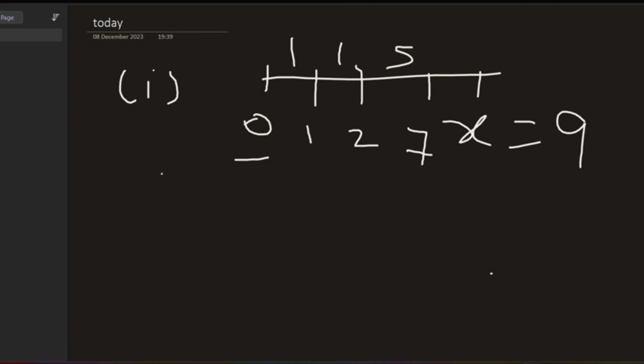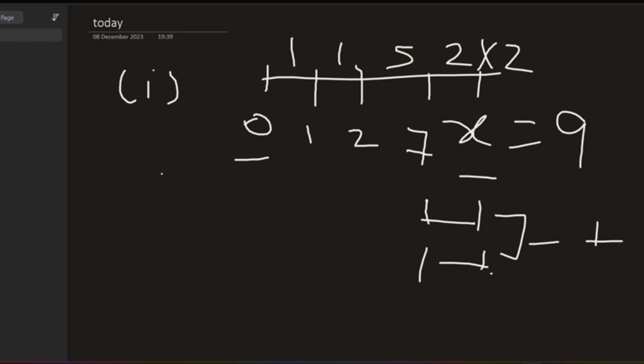Okay, now 7 to x, that is 9 minus 7, is 2, but we will multiply it by 2 because there is no gas station at the point x. So what we have to do is we will travel this distance plus this distance, because we will go back to 7 from x. So these two distances will get added. Okay, so what are the distances?